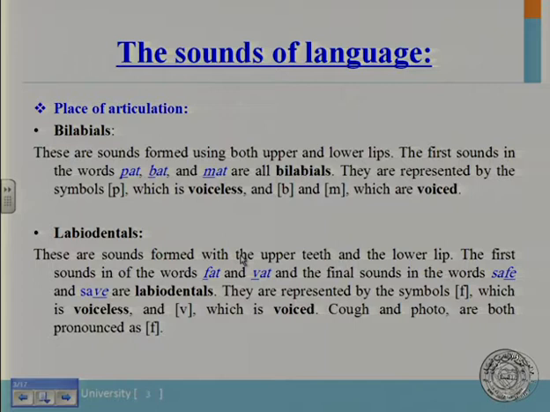Again, as in v, fat, vat. We can also feel that the upper teeth touch the lower lip. And the final sounds in words like safe and save.